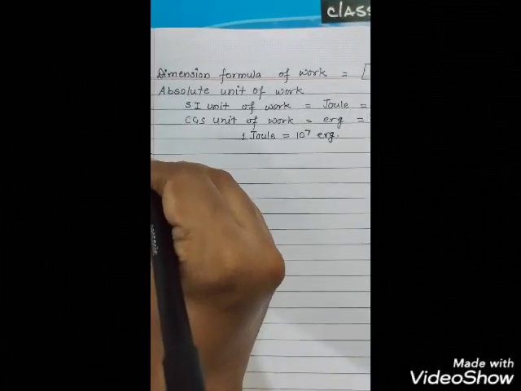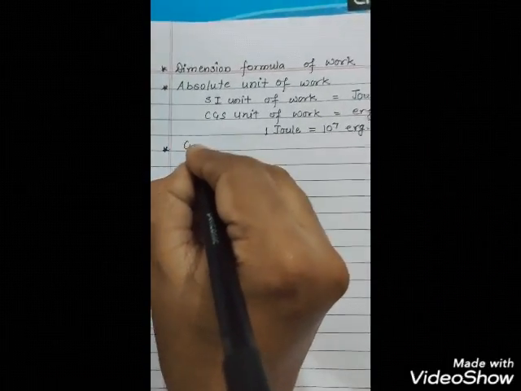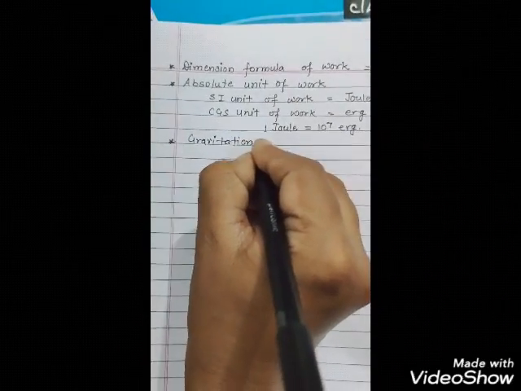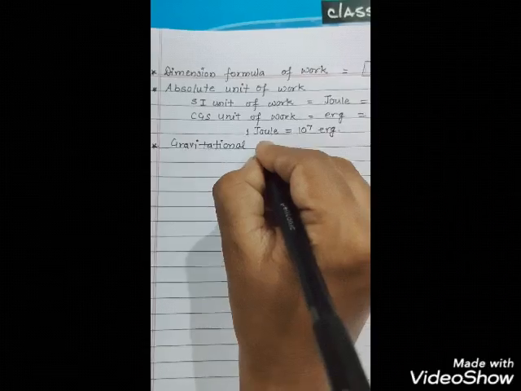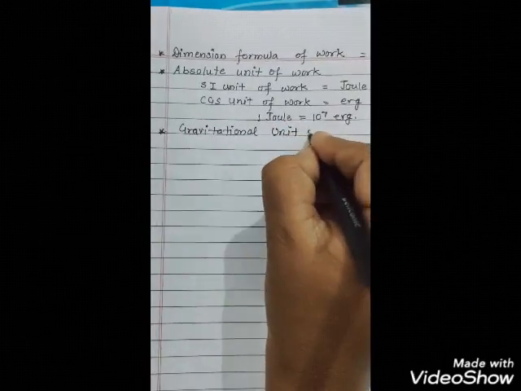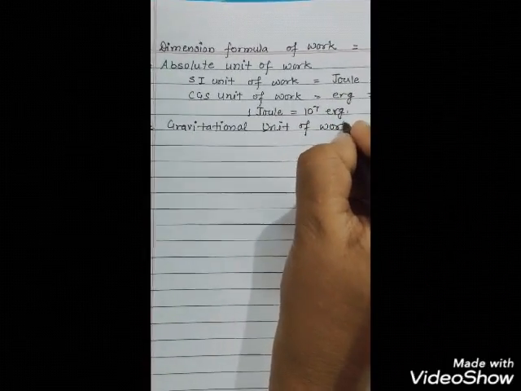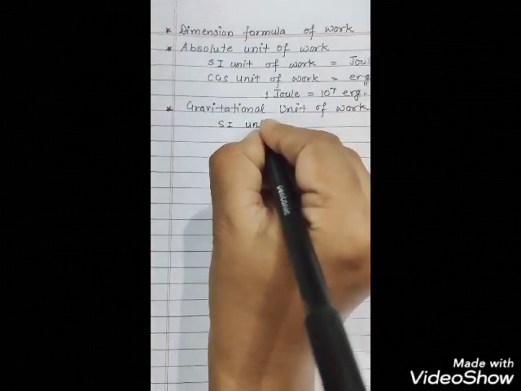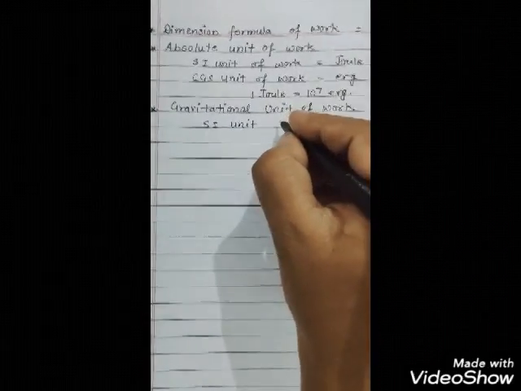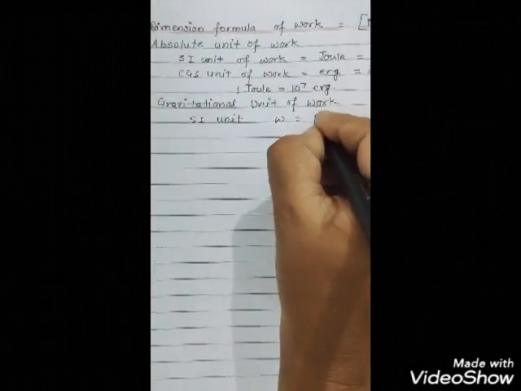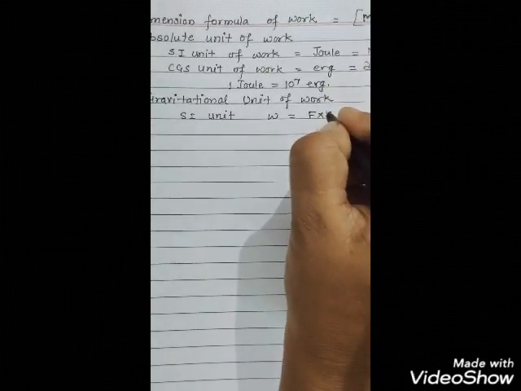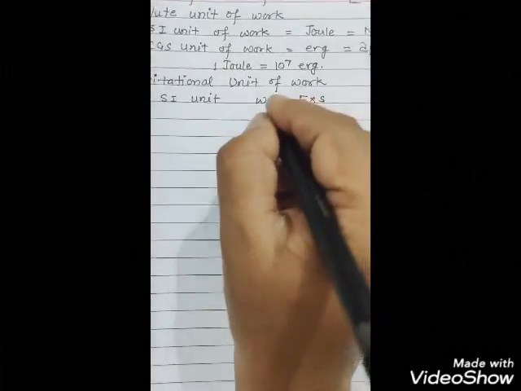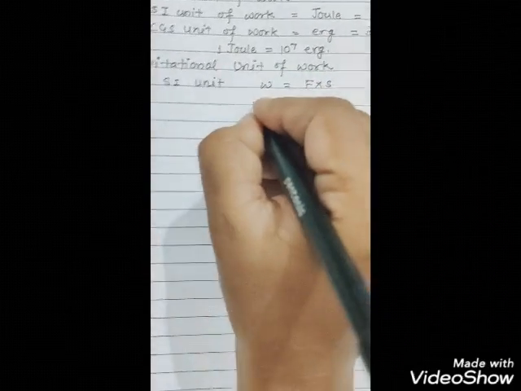Now we'll see the gravitational unit of work, that is the SI unit. As we know, the work is equal to force into displacement, only in magnitude if we are taking here.